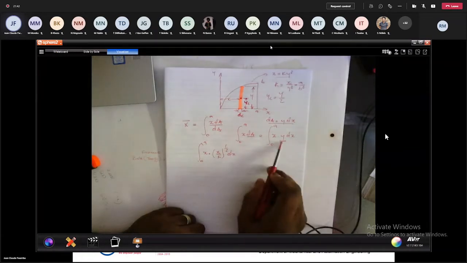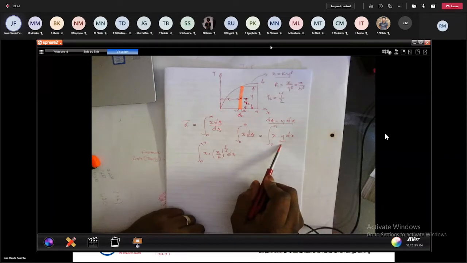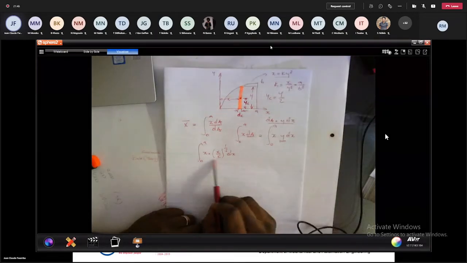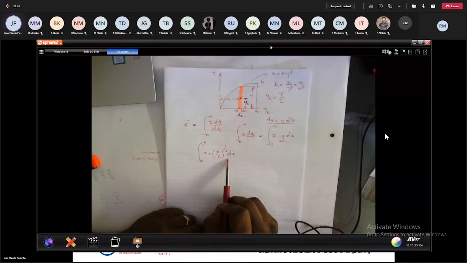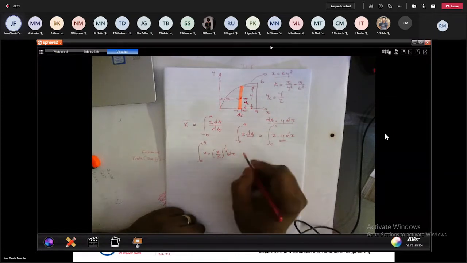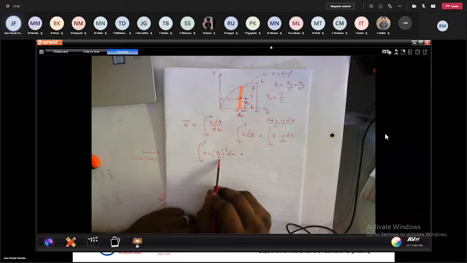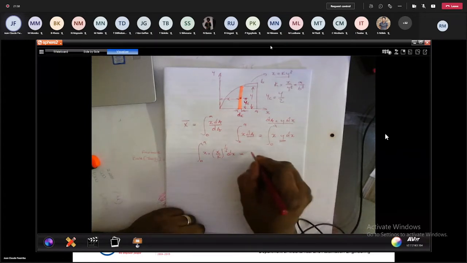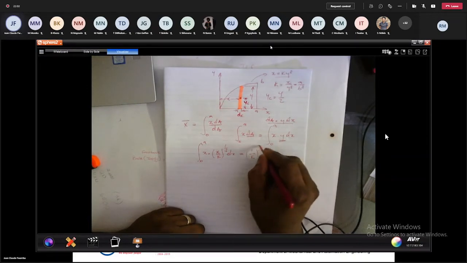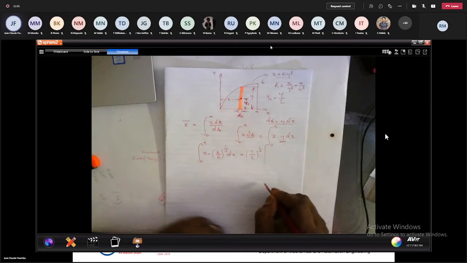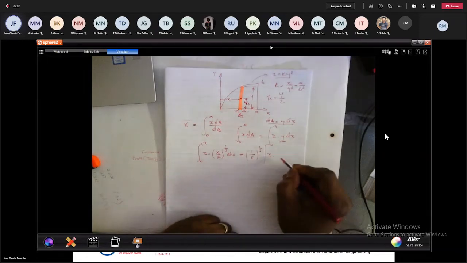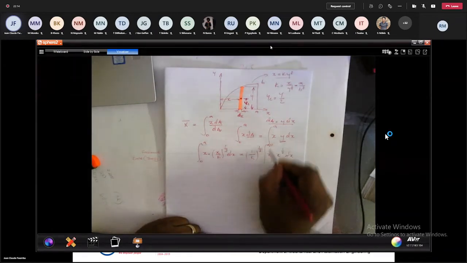What I've done is just change the expression of y out of my function and replace it into my integration. Now I can remove my constant. Remember, my k is a constant. I can remove it out of my integration. So it'll be 1 over k exponent 1/3 integration of x times x exponent 1/3 dx within my limit.